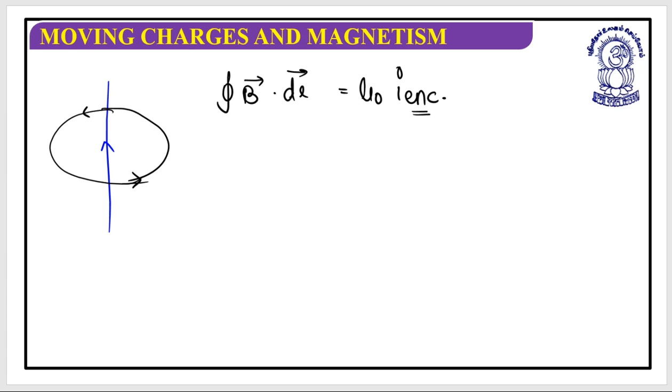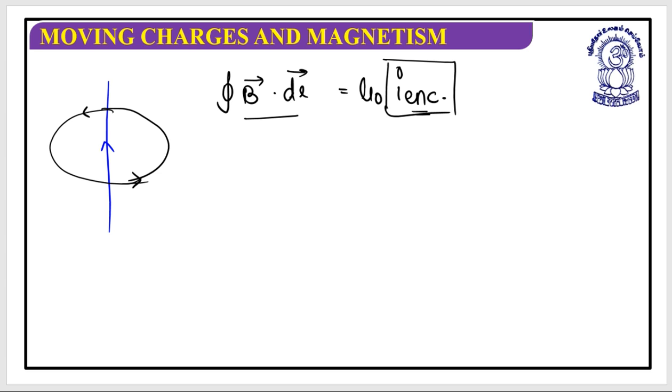Please do remember this word: the line integral of B dot dl equals mu naught times I enclosed. That means I need to write down only those current elements which are enclosed by this circular loop. I hope these things are clear. Great.